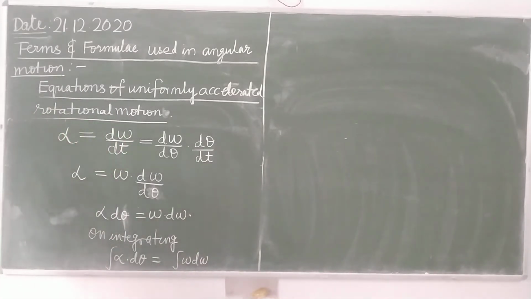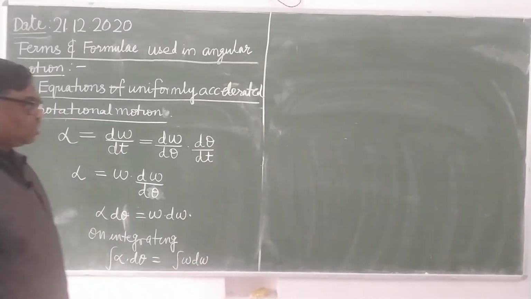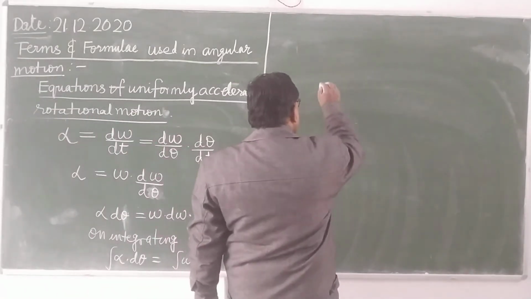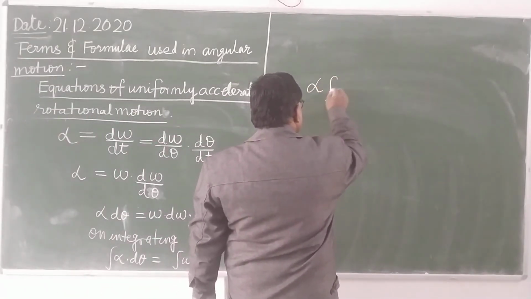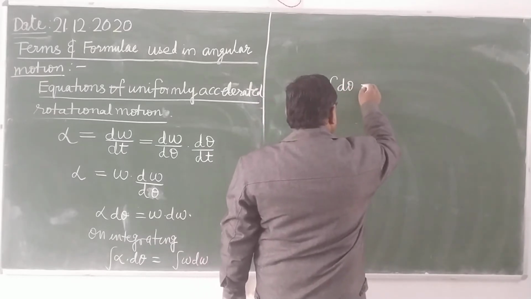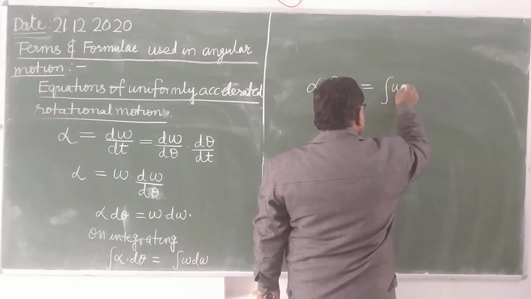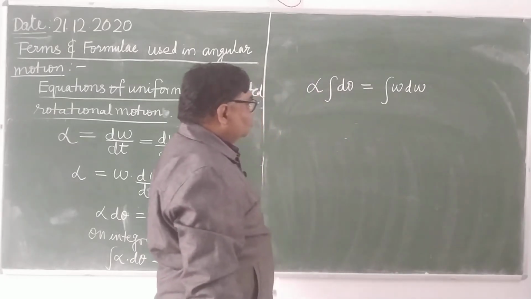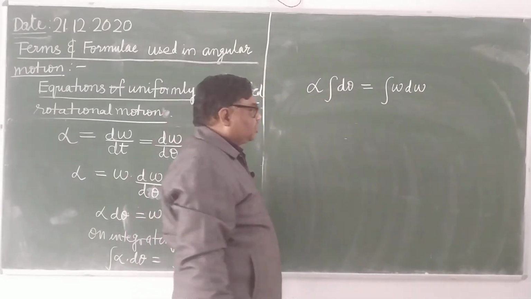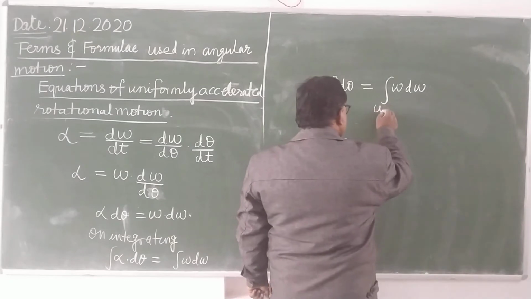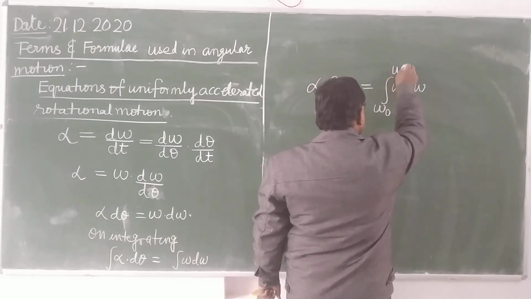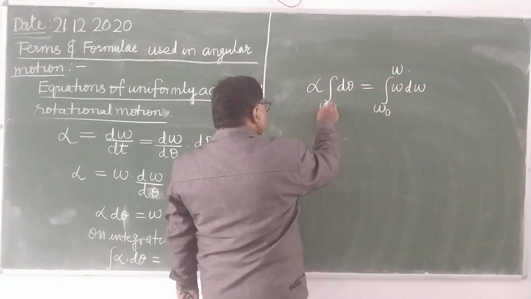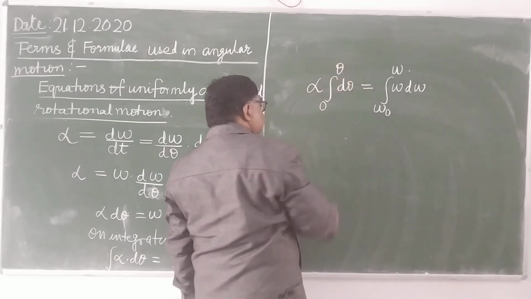Now you can see here alpha is a constant. It is constant angular acceleration. So integral d theta, integral omega into d omega. Now what is the limit of angular velocity? It is omega naught to omega, and here it is 0 to theta.